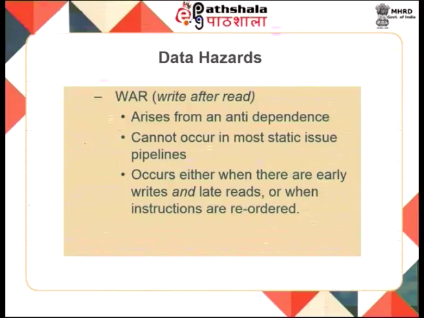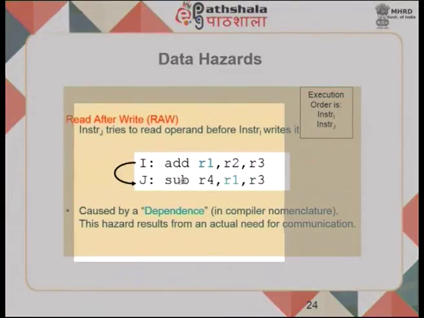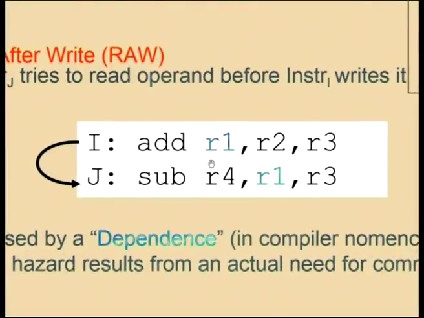Now this occurs either when there are early writes and late reads, or when you try to reorder the execution of instructions. So these are examples of data hazards that we looked at. So, read after write hazard. You have an add instruction here where R1 is the destination operand, and for the subsequent instruction you have R1 as one of the source operands.